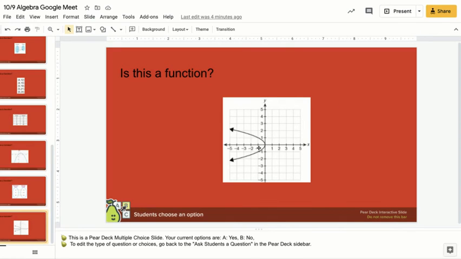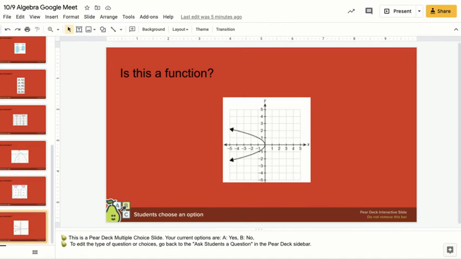Here, notice our x value of negative 1 has two different y values. It has a y value of 1 and negative 1. Here, my x value of negative 2 has two different y values, so this is not a function.